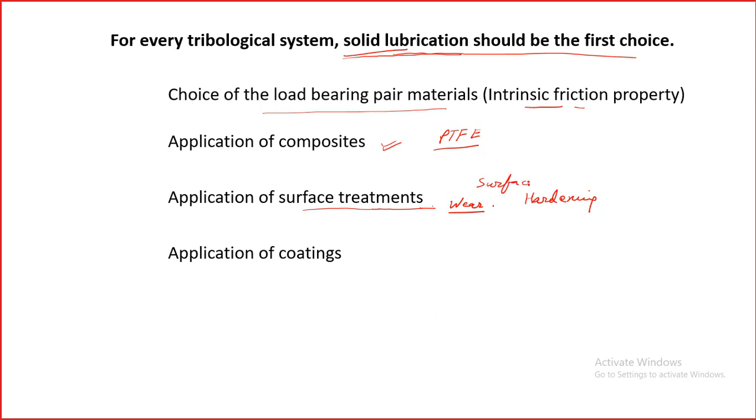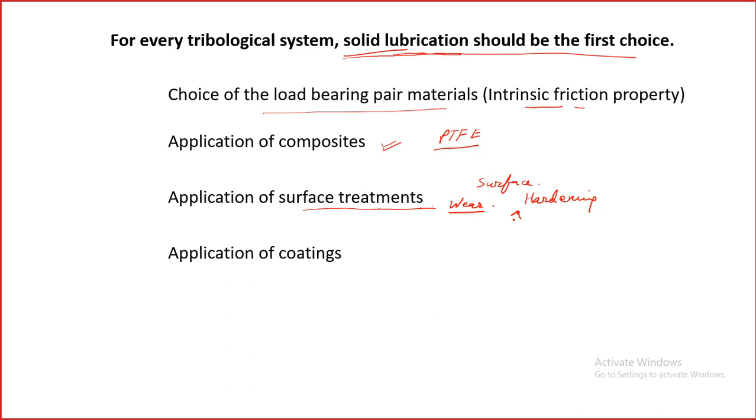Surface hardening is applied on the surface, and this is very common. For example, gear surfaces, the bearings, all surfaces are surface treated for high hardness.